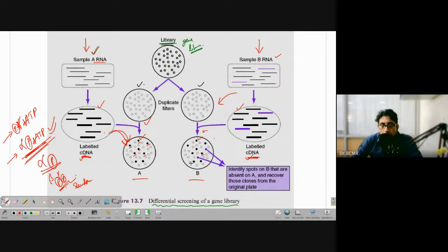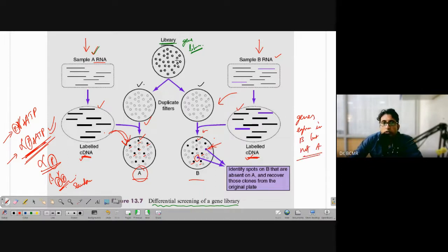And you might find some signals like this one, the blue ones that are giving hits, which are not present in sample A. That means those are the sequences or genes expressed in B but not in A.